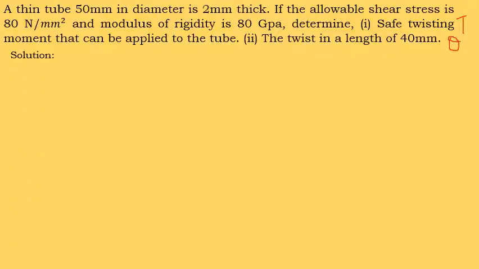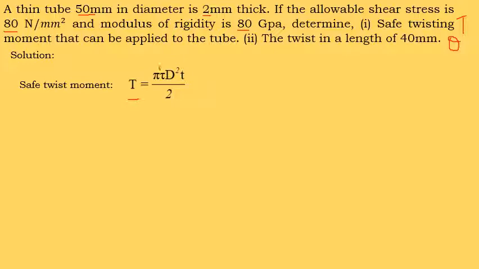So first we have to extract the given data. Diameter is given 50, capital D is equal to 50, thickness is 2 millimeter, and tau value is given 80 Newton per millimeter square. G value is given in terms of gigapascal. So these are the given values. First, T we have to determine, that is the safe twisting moment T. For a thin circular tube, the equation for twisting moment T is pi into tau into d square into t divided by 2.